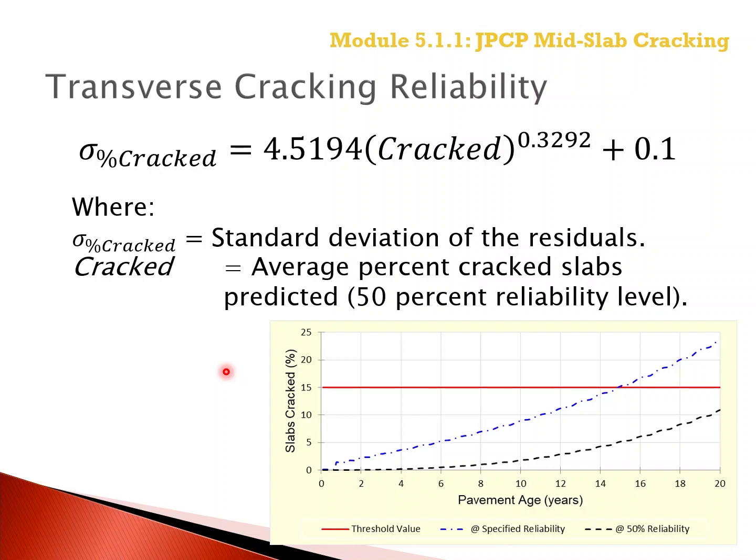The standard deviation of the residuals is used to determine the reliability as related to the JPCP percent cracked slabs. Again, reliability and how it is used was discussed in detail in Module 3.